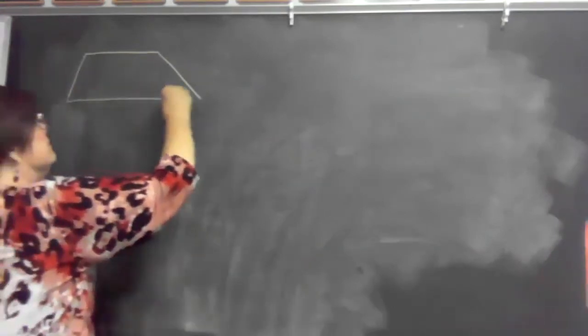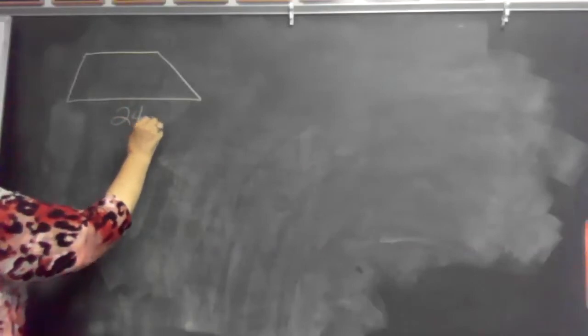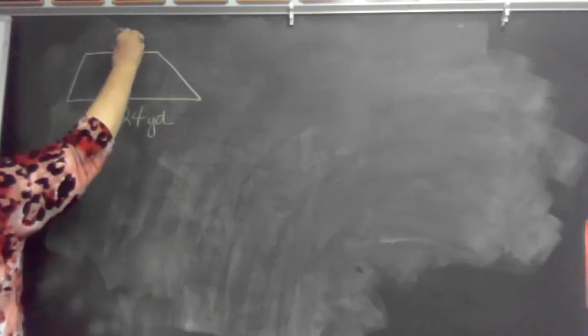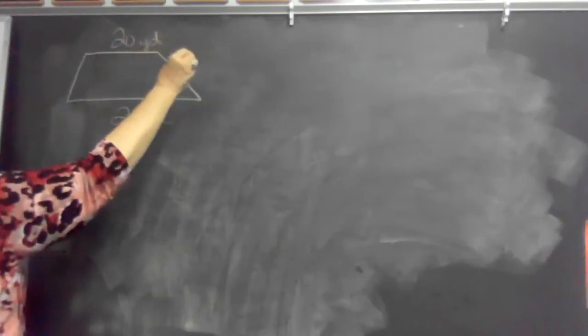Okay, a trapezoid. Okay, a trapezoid, if you'll remember, looks like a triangle with the top chopped off. We know that these are parallel lines, but they don't necessarily have to be equal, and the sides do not necessarily have to be equal. 24 yards. 20 yards. 16 yards.